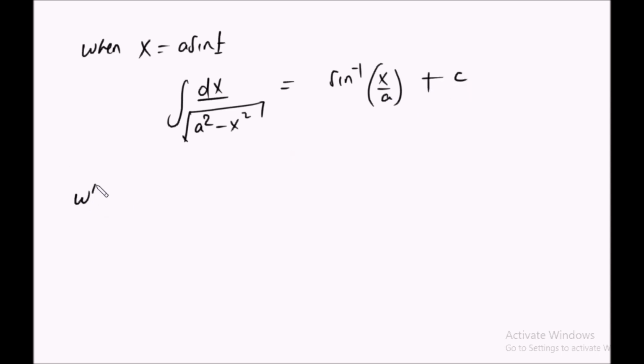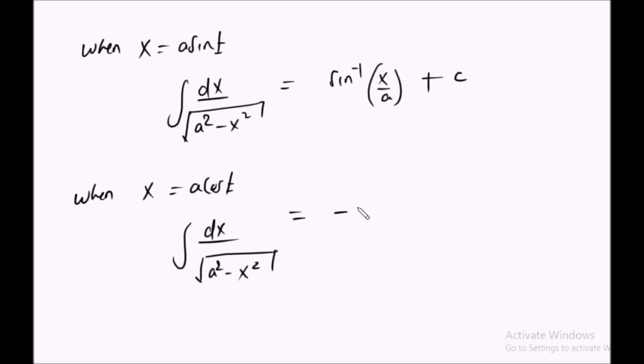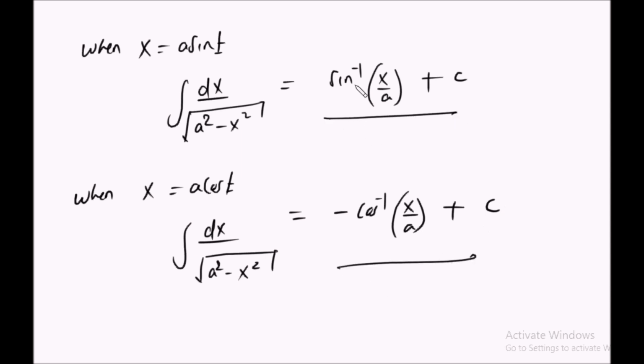Lakini mara ya pili nilivolate kwamba x ni sawa na a cos t, nikapata kwamba hii integral ni hivi, ni sawa na negative cos of inverse x over a plus c. So swali unalojiuliza ni hili, how comes I am obtaining different answers, okay, for the same integral?